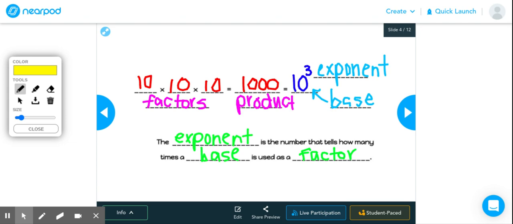On Friday, the biggest connection that we were really trying to make, or the patterns that we were looking for, is that if I have 3 tens being multiplied, that means my product is going to have 3 zeros, and my exponent is a 3.